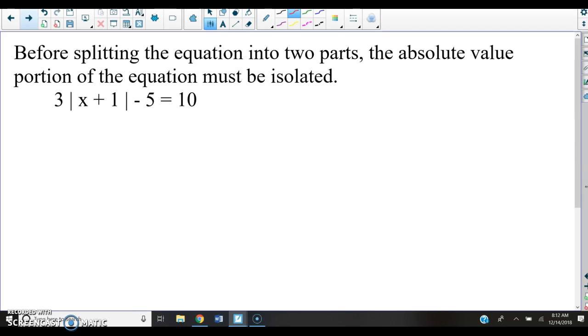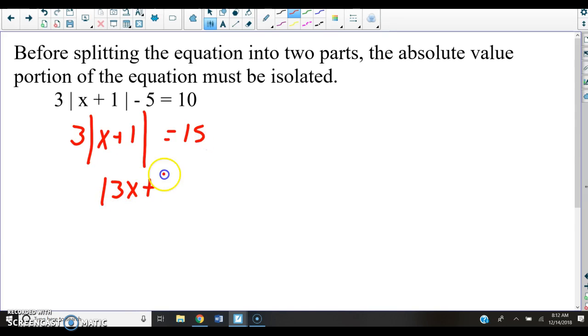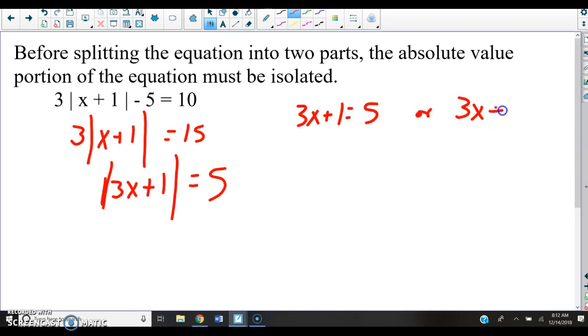If there's stuff with your absolute value, you've got to isolate your absolute value before you split it into two problems. So in this case, we would add 5 to both sides and probably divide by the 3. The absolute value is 5. Then we would split it into 3x plus 1 equals 5, or 3x plus 1 equals negative 5.